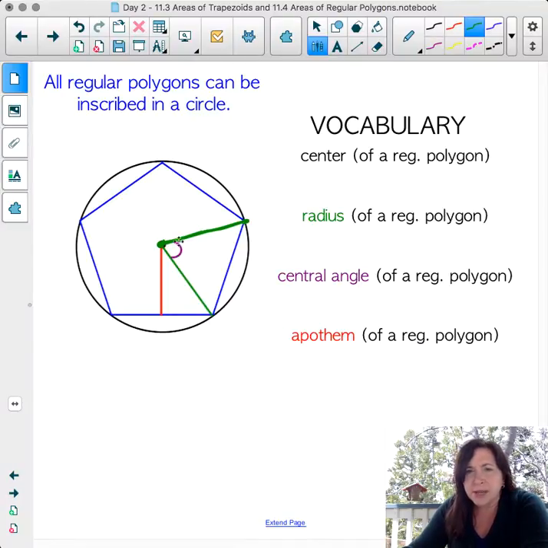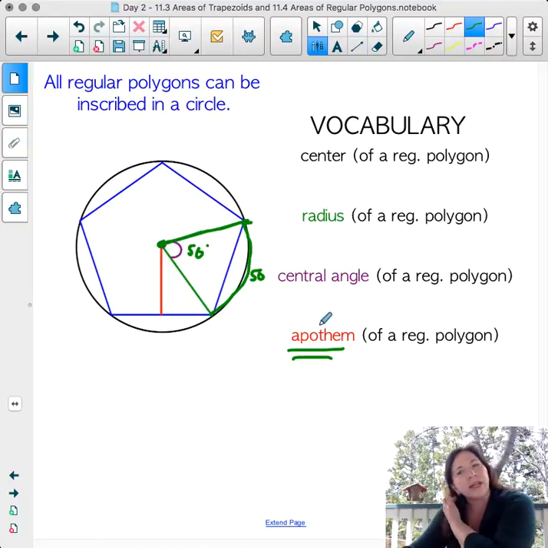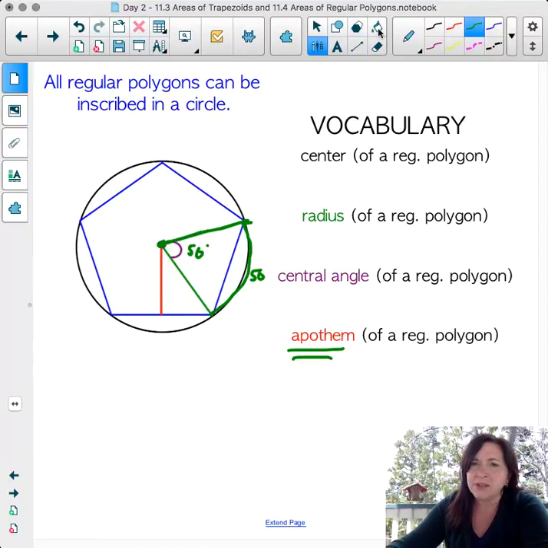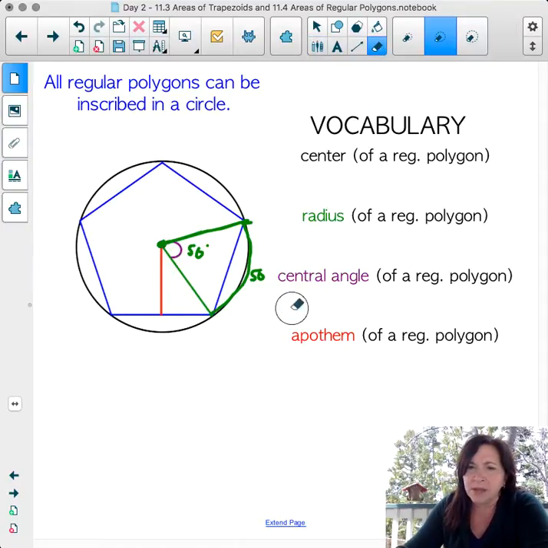We have a central angle, and a central angle is this angle in here, where if this was, let's say, 50 degrees, this arc that it encompasses is also 50 degrees, okay? My apothem, now some people call this an apothem, and some people call it an apothegm. I usually use the word apothem, but that's up to you and what you want to call it. Apothem or apothegm, either one is fine.